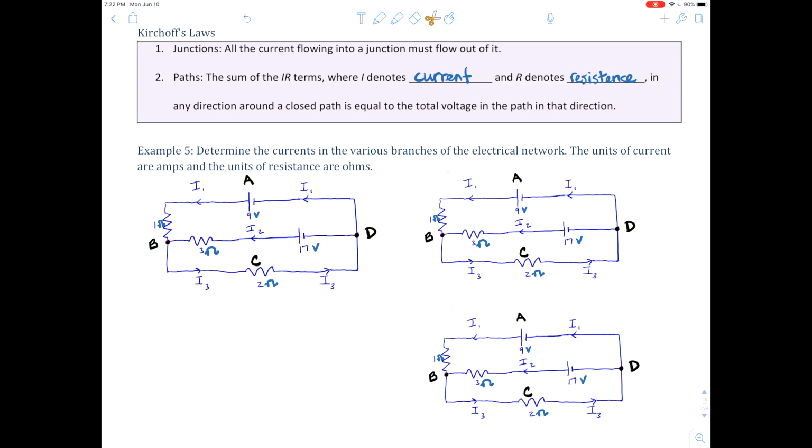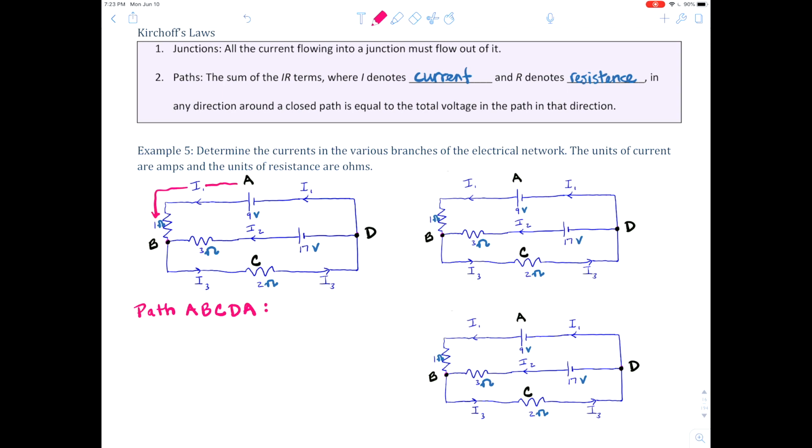I copied this image so it wouldn't get too messy. If I start out and look at path A, B, C, D, A, that's the easiest one to visualize. It starts at A, then moves to that 1 ohm, heading this direction.